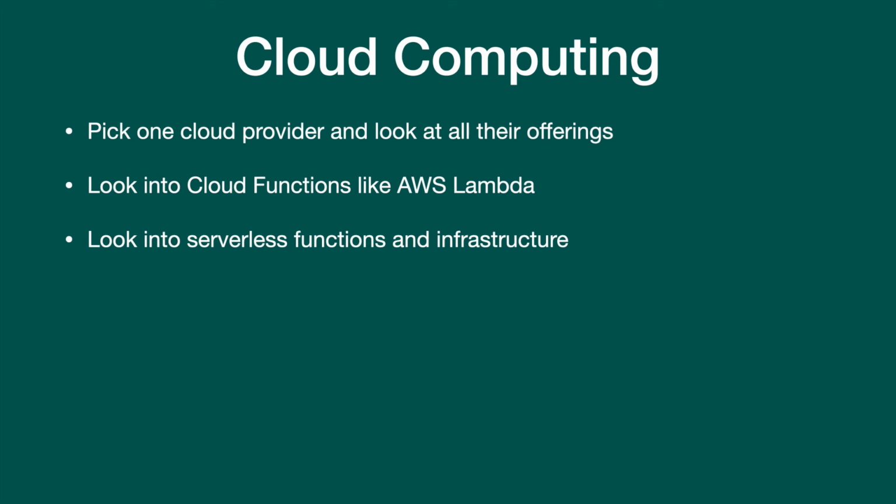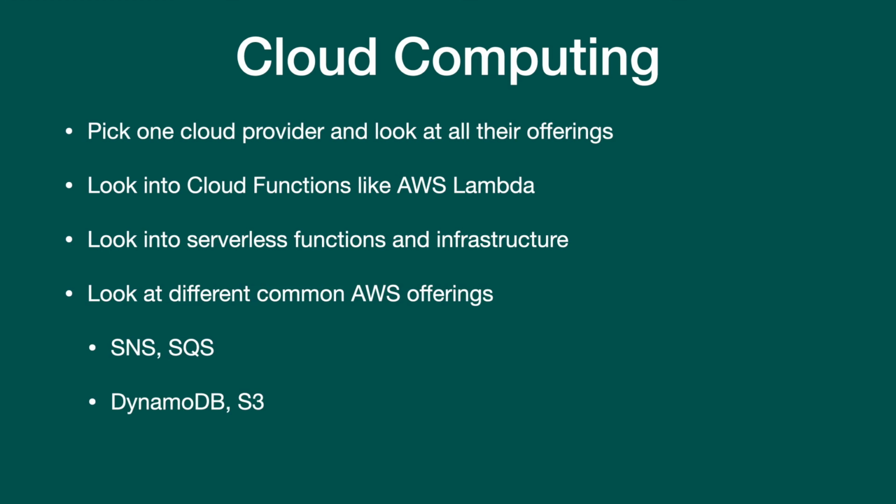Yep, similar to what I said before, look into serverless functions, which is exactly what AWS Lambda is. So take a look at how serverless works and what different infrastructure you need to make it work. Apart from serverless, there are a bunch of other offerings, especially from AWS. One of them is SNS and SQS.